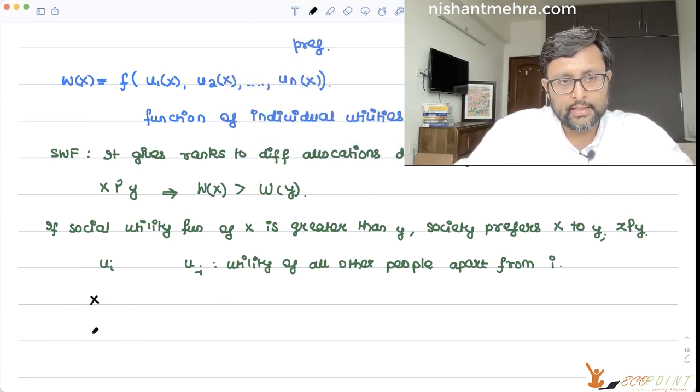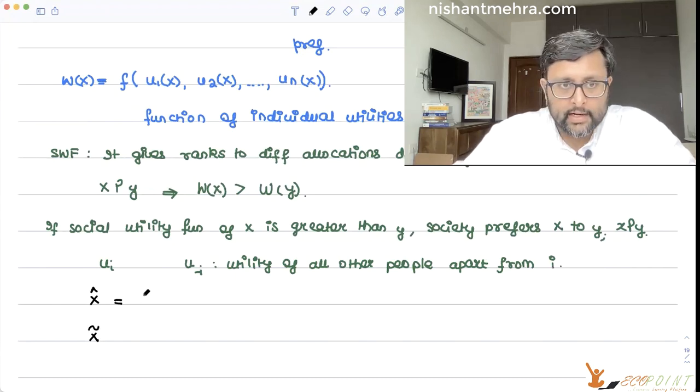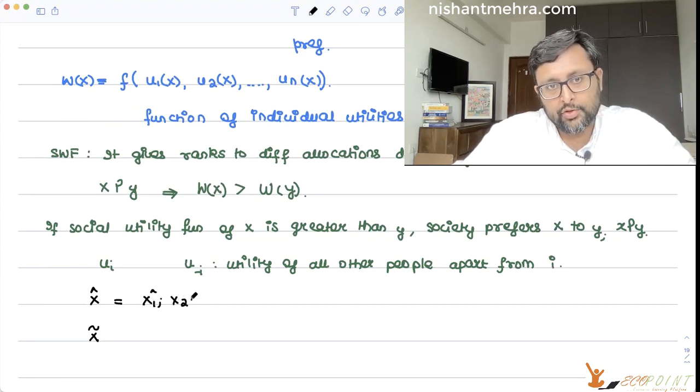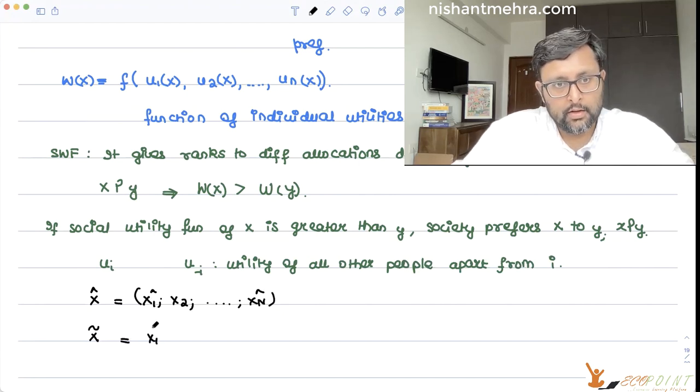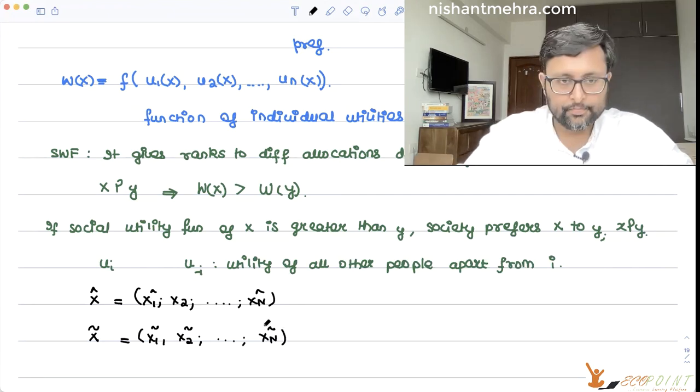Okay, so let us say there are two allocations. One allocation is X hat, the other allocation is X curl. In X hat, individual 1 is getting X1 hat, individual 2 X2 hat, and so on to individual n Xn hat. Similarly, in X curl, individual 1 gets X1 curl, individual 2 X2 curl, and so on to individual n Xn curl, right?